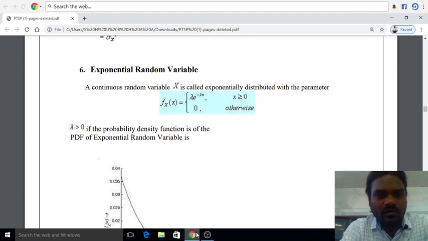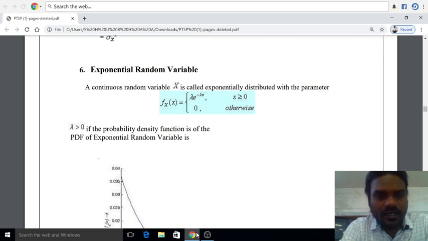So now I am going to talk about another distribution that is named the exponential random variable. That comes under the exponential distribution function.